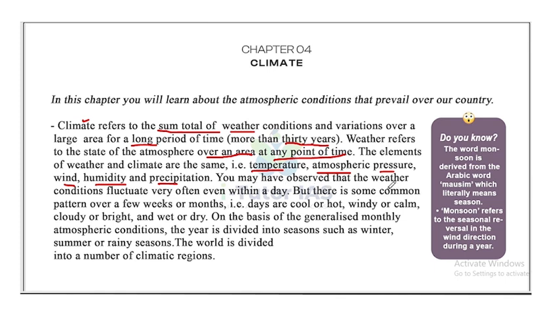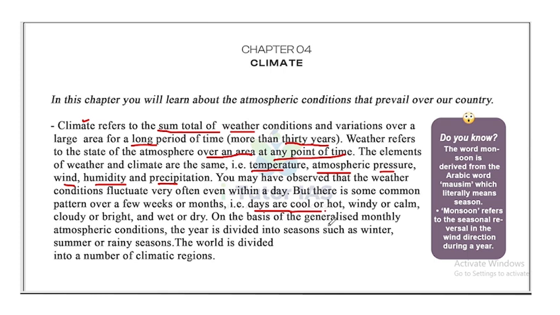You may have observed that weather conditions fluctuate very often, even within a day. But there are some common patterns over a few weeks or months, that is, days are cool or hot, windy or calm, cloudy or bright, and wet or dry.